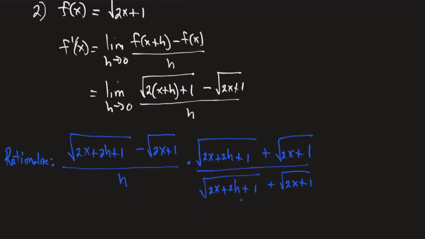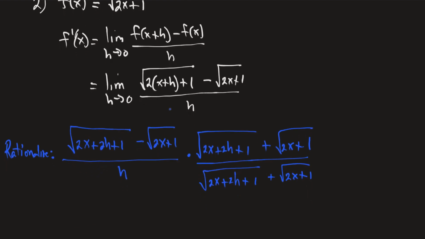And what we have in the numerator is the difference of two squares. This is like my a minus b, this is like my a plus b, and we know how that, when we expand it, what happens. The middle terms cancel out, and we're left with a squared minus b squared. Right?